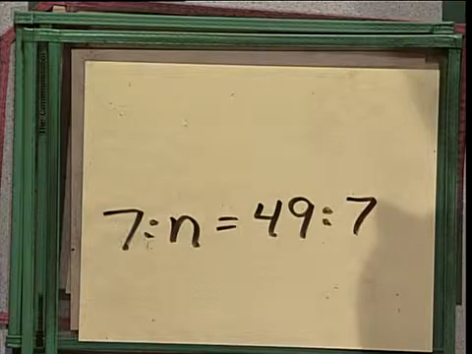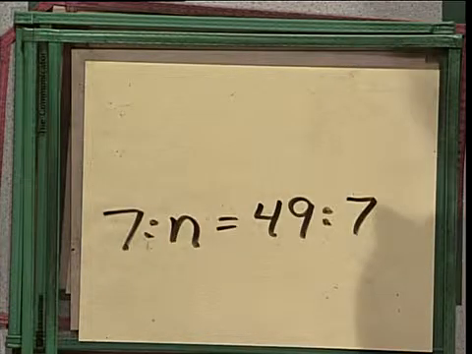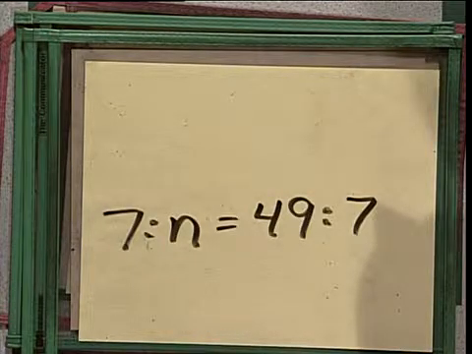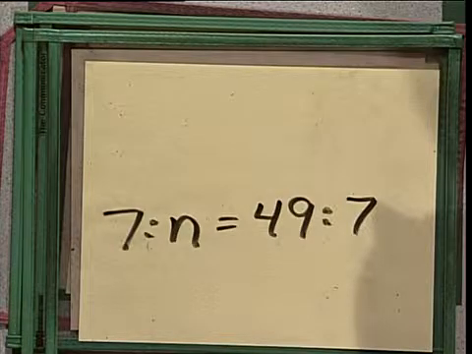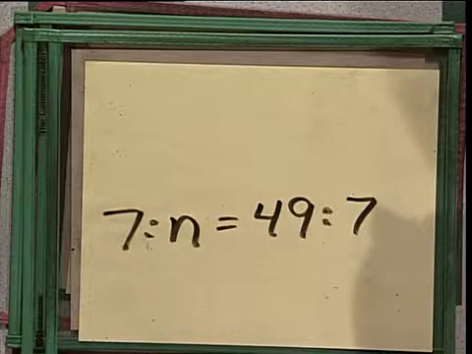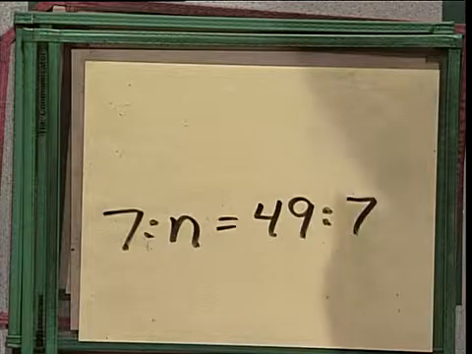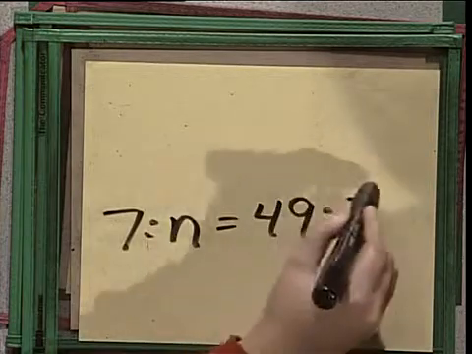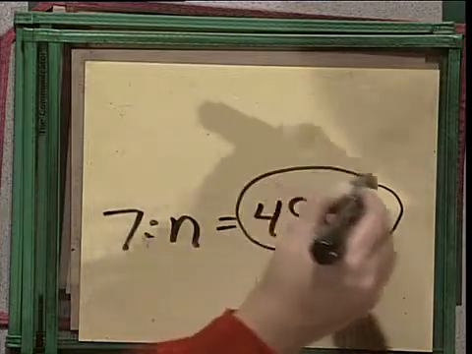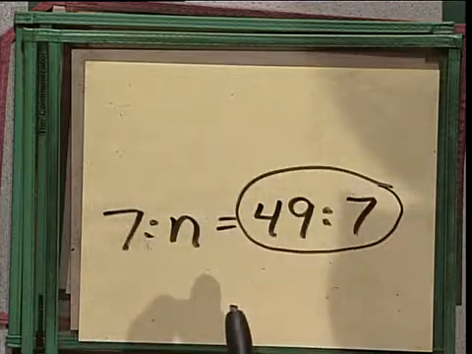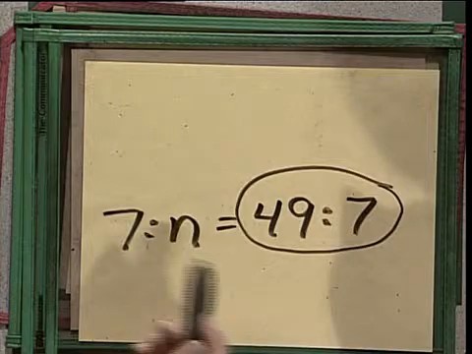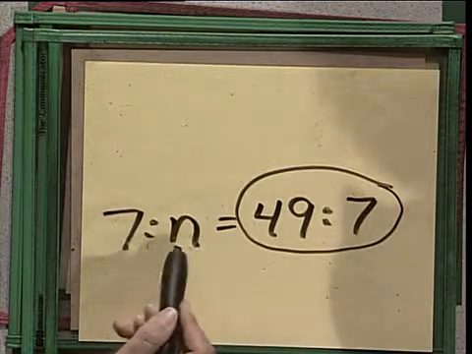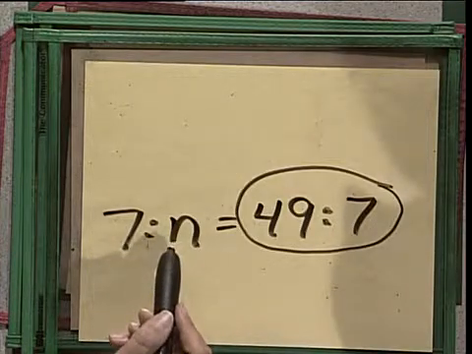How are we going to figure this out? You want to figure out what n is, right? Which part of this ratio is complete? Which part do we know for sure? We know this part over here, right? There are 2 numbers over here, and this is the part that has something missing. We want to figure out what that n is, right?